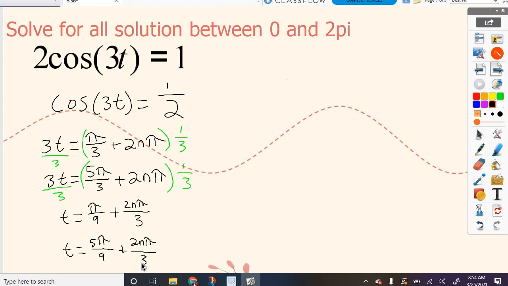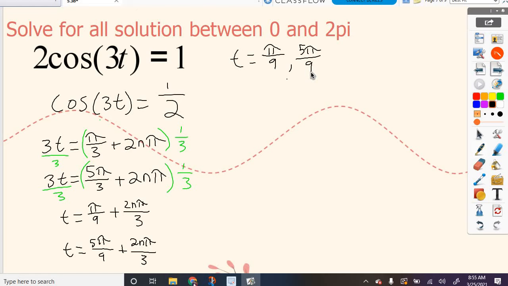So then remember from here, because the answer we want to get is between 0 to 2 pi, we need to basically evaluate plugging in the different options that I have. So my first option to plug in for n would be 0, and that would just give me the pi over 9 and the 5 pi over 9.